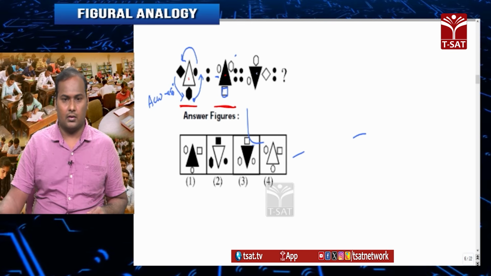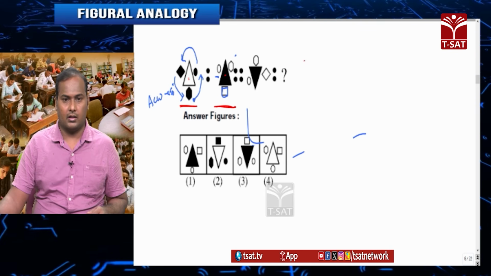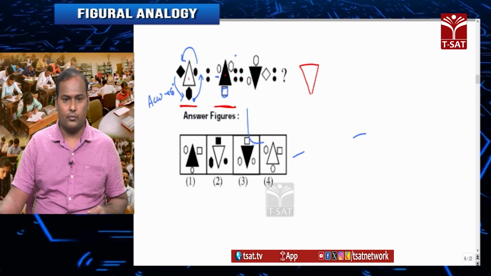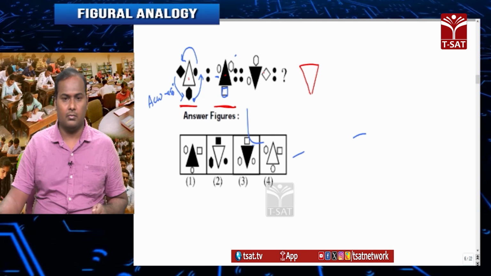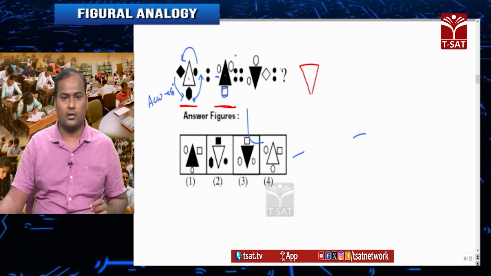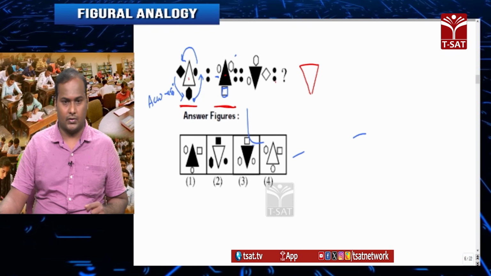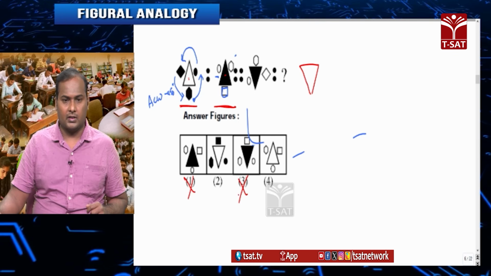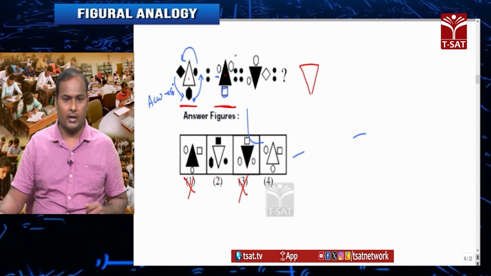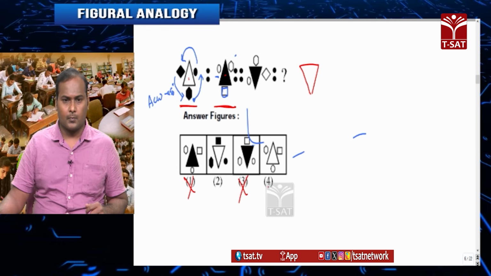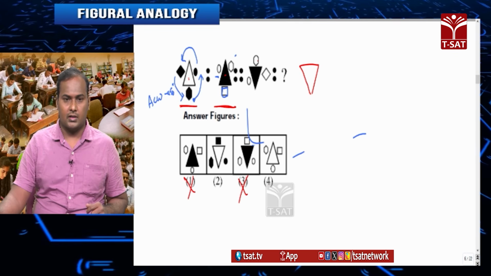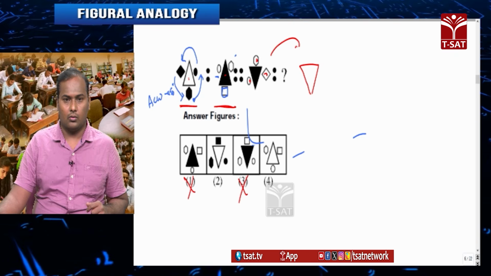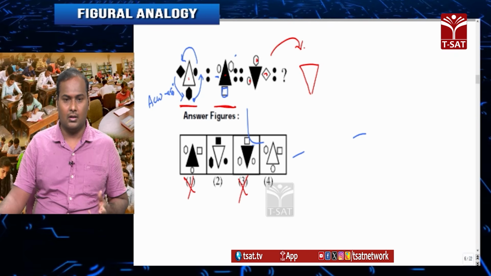So initially the triangle was darker here. Obviously, here the triangle will become light. Now, the outside figures which are lighter in color will become dark with the rotation in anti-clockwise direction. So by seeing this, option 1 cannot be your answer, option 3 cannot be your answer. So the answer will be either 2 or 4. But here in the question these are lighter colors. So these lighter colors, when they move onto the other side, become darker.